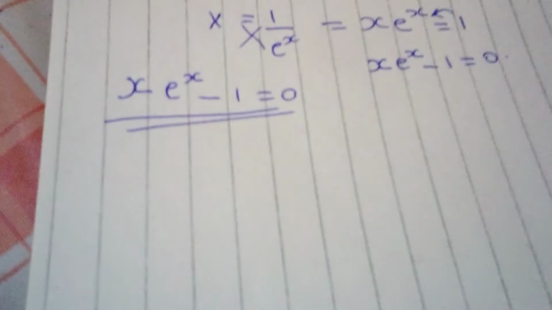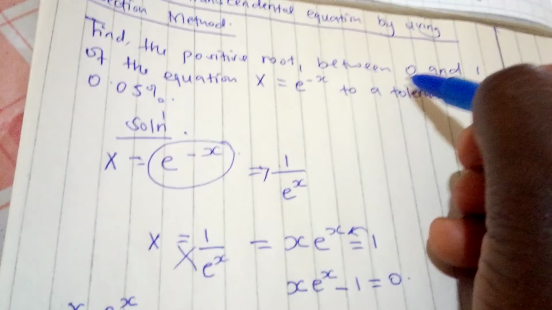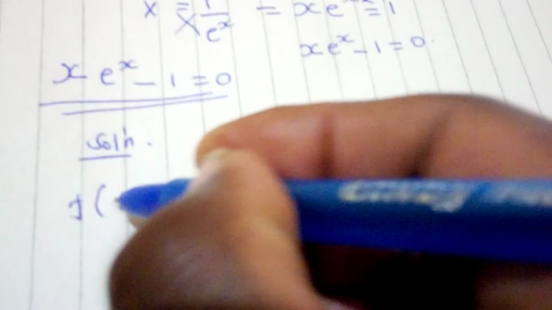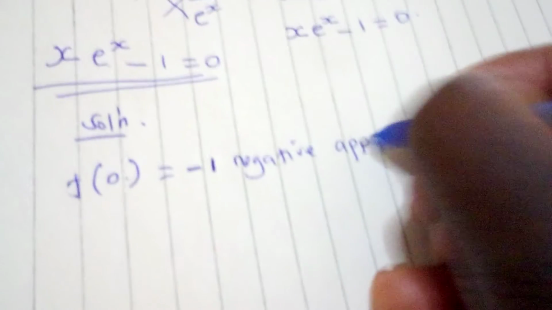So let's do this. Solution. We've been told that the root lies between 0 and 1. So we have f of 0. When we replace 0 into our equation here, it will give us a negative approximation.